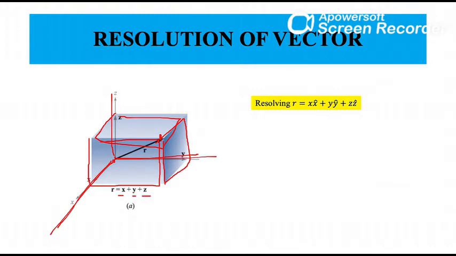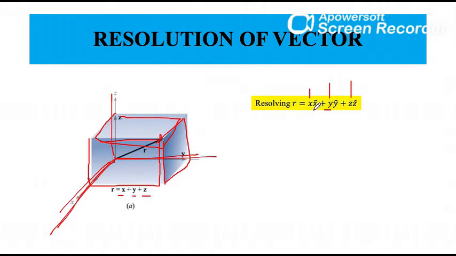Now when you resolve a vector, you will actually be generating 3 mutually perpendicular vectors. Okay, just as in the 2-dimensional case, you generate 2 mutually perpendicular vectors. Here you are going to generate 3 mutually perpendicular vectors. So these vectors are x times x hat, y times y hat, and z times z hat, where x, y, and z are the magnitudes that are dependent on the particular vector r that you are considering.